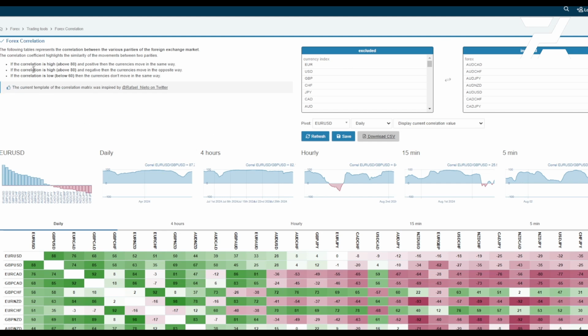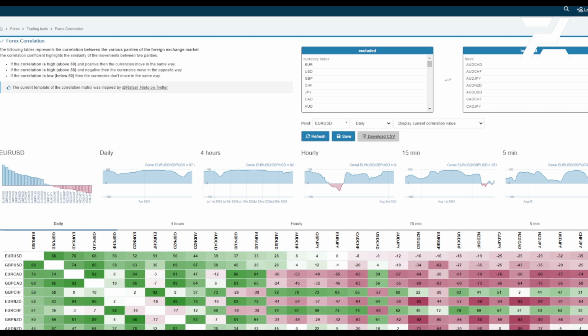If we just take a look here, as you can see, going a little bit more about the correlation. Well, this is more so the correlation coefficient. So the correlation coefficient just provides a quantitative measure of the strength and direction of the relationship between two currency pairs, right? So as you can see here, this following table represents the correlation between the various parities of the foreign exchange market. The coefficient highlights the similarity of the movements between two parities, okay?